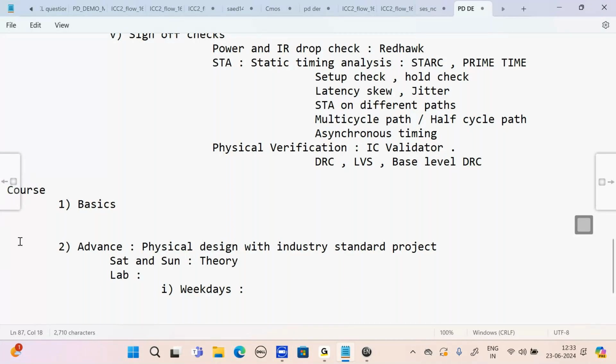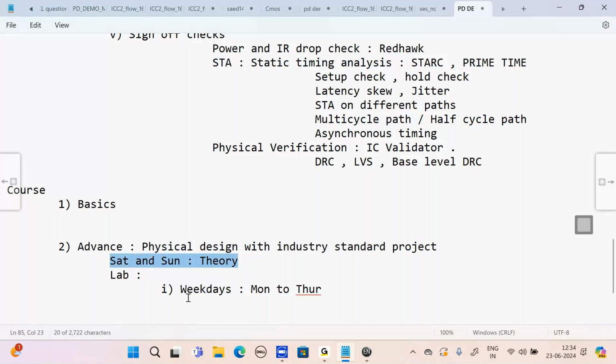This happens from Monday to Thursday. Lab means you will be working on a project. This is from Monday to Thursday, every day 3 hours. Even theory is 3 hours every day, Saturday and Sunday. Friday is off. Saturday and Sunday you will be attending theory. Every student has to attend theory.